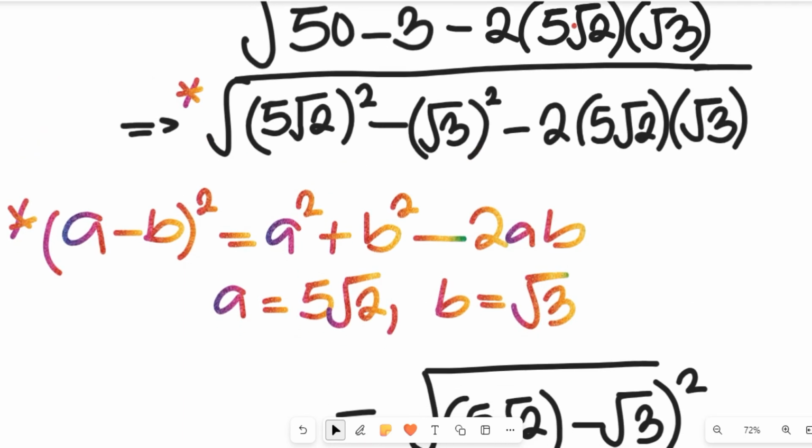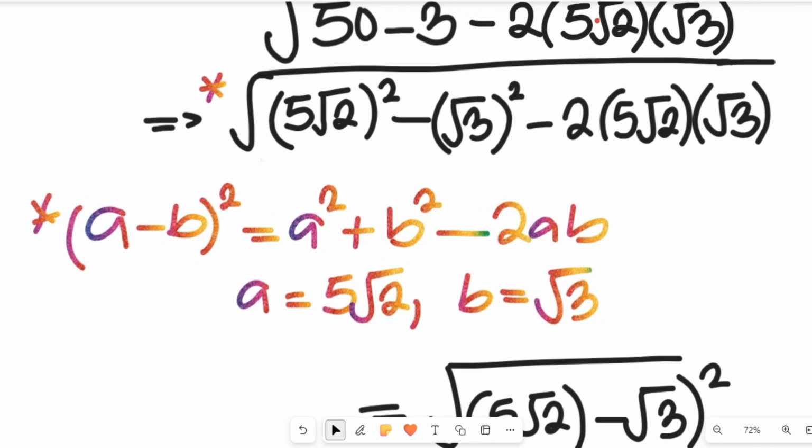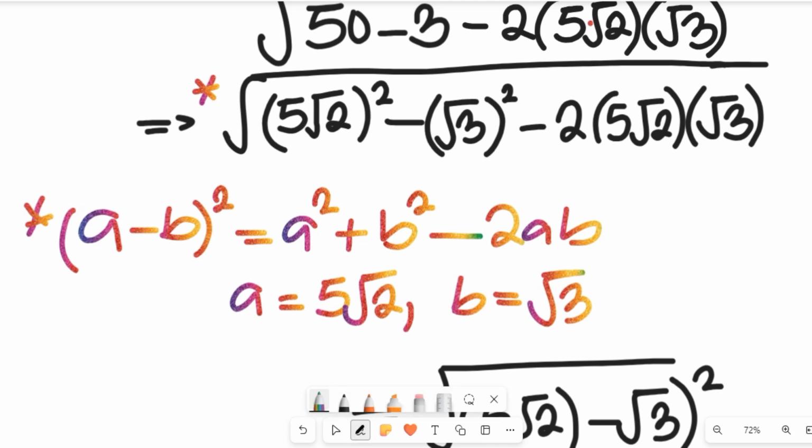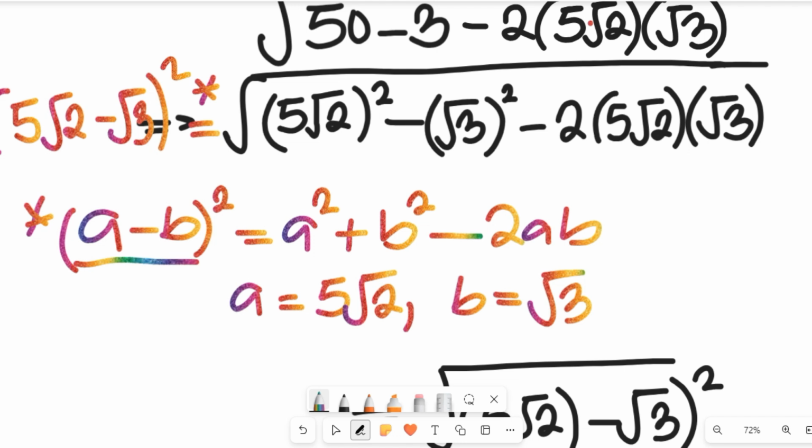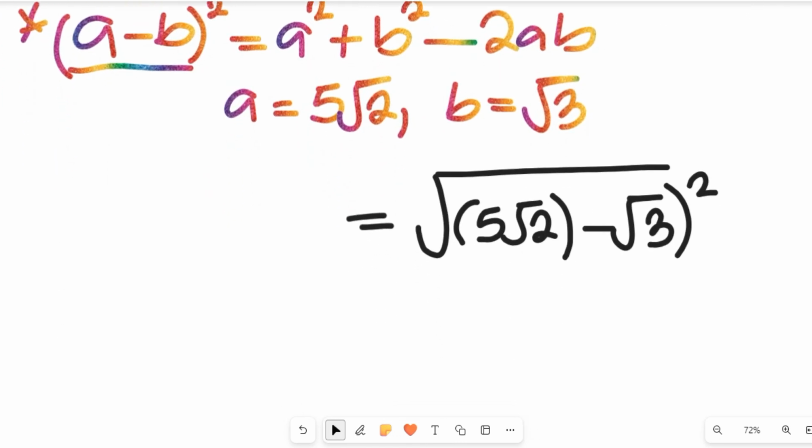We'll have 5 root 2 minus root 3 squared to give us this full expression.